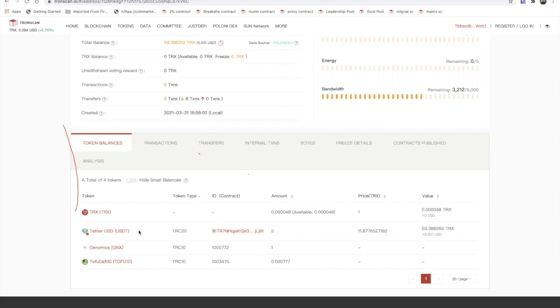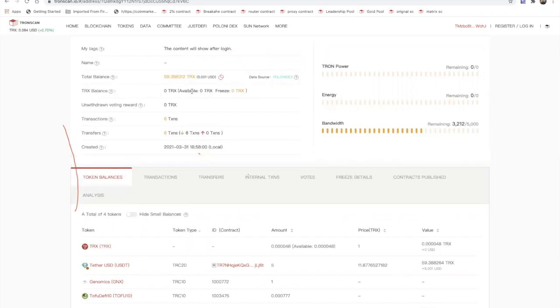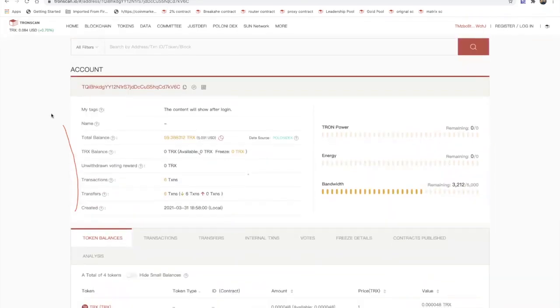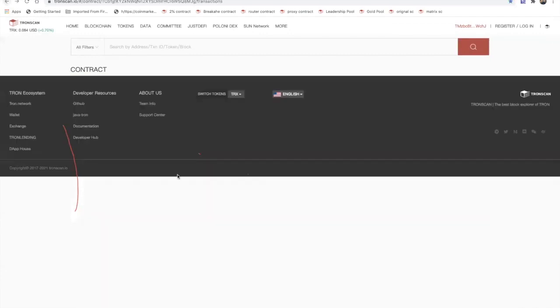What they have is the USDT token, $5, that's equal to 59 Tron. Does that make sense, guys? Here they have 0 Tron available. 100%, this is the situation, other than the timeouts, which are incredibly rare. This is the reason people's transactions are reverting.